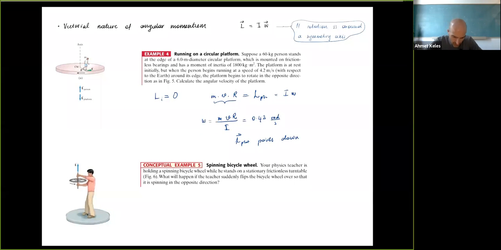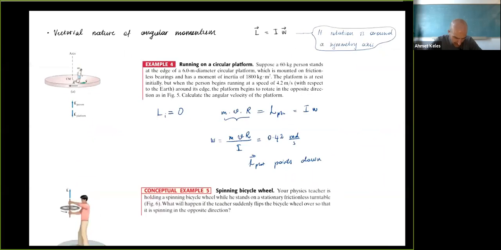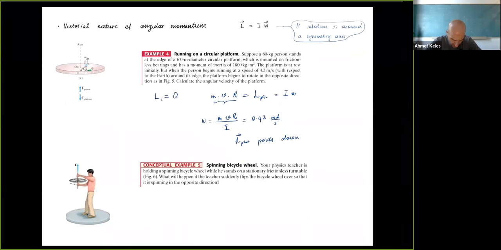So obviously we could also get to this conclusion by thinking about forces, and the person is exerting some force as he runs and so on. But let's just think about another example where this is actually not that trivial. So here is that conceptual example. Your teacher is holding a spinning bicycle wheel while he stands on a stationary frictionless turntable.